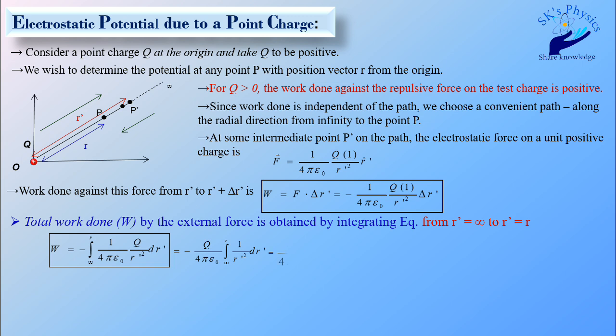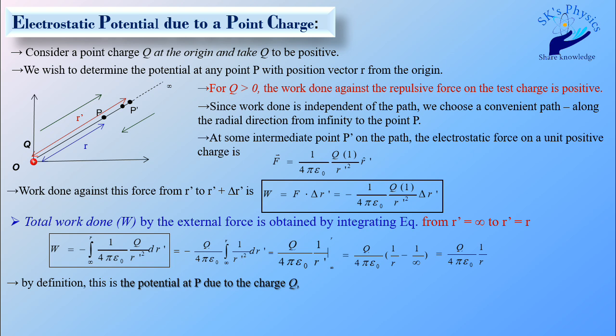So we can write Q upon 4 pi epsilon 0 into 1 upon r dash with limits infinity to r, which is equal to Q upon 4 pi epsilon 0 into 1 upon r minus 1 upon infinity. 1 upon infinity is equal to 0. So the answer is Q upon 4 pi epsilon 0 into 1 upon r. That is the work done, and we know that work done is equal to electrostatic potential. By definition, this is the potential at P due to charge Q.